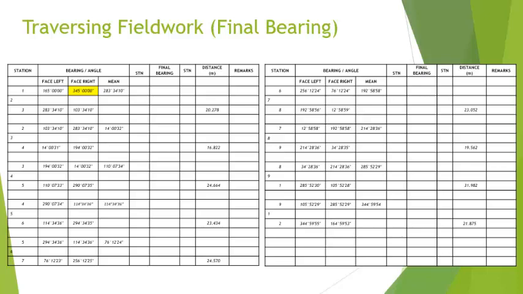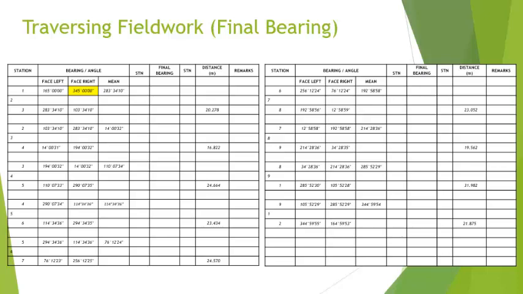Again, first calculate the misclosure. The difference between the last mean bearing and datum: datum, 345 degrees, minus the last mean bearing, 344 degrees, 59 minutes and 54 seconds, equals 6 seconds.